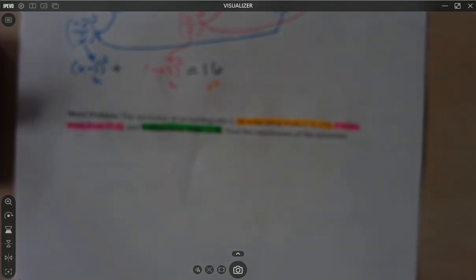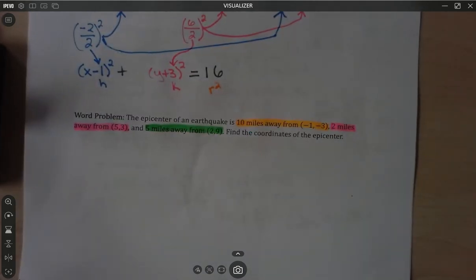So we've recorded it from 3 different locations. We know where the locations are. We know how far the locations are from the epicenter, which is usually determined by the size of the waves or something similar. And now, with that information, we're going to determine the coordinates of the epicenter.